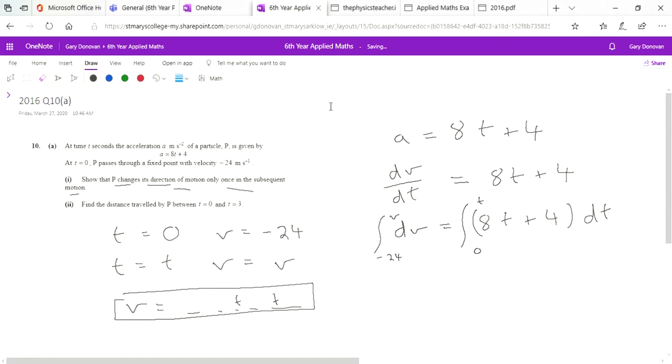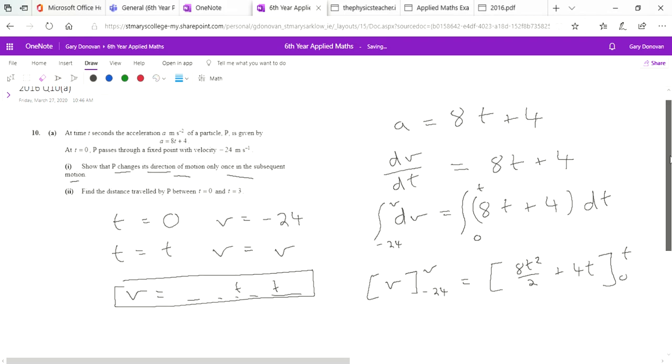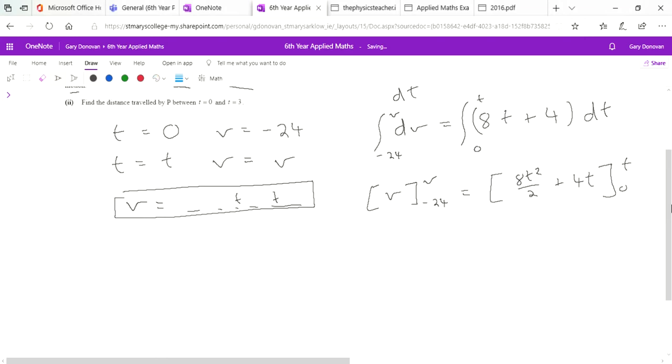When we integrate that, we get v minus 24 equals 8t squared over 2 plus 4t, with limits t and 0. That gives us v minus 24 equals 4t squared plus 4t. So v equals 4t squared plus 4t plus 24.